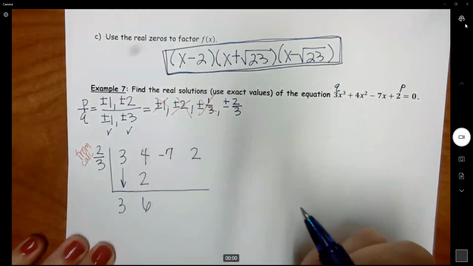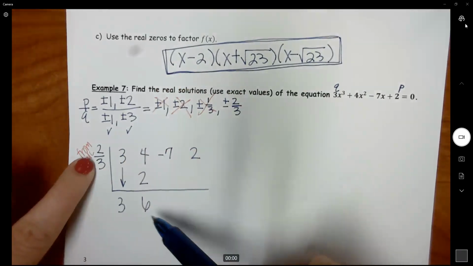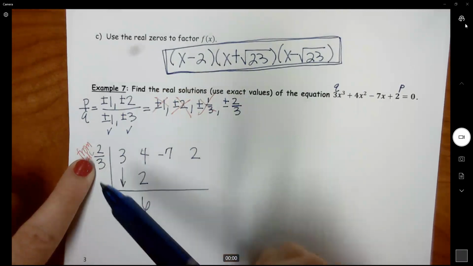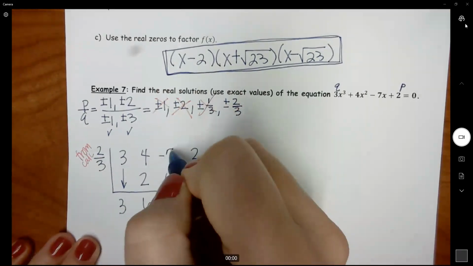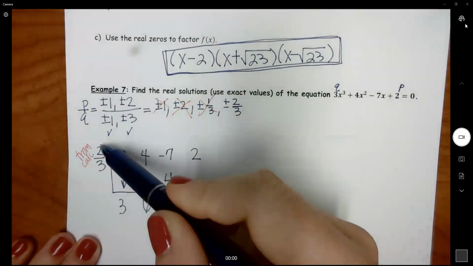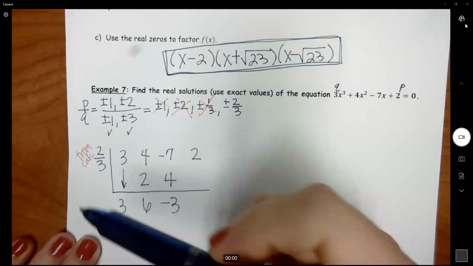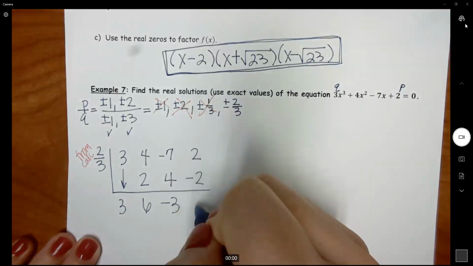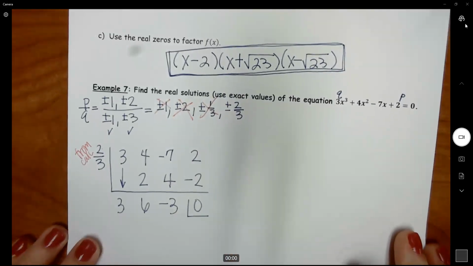We add and get 6. Multiply, 2 times 6 is 12, divided by 3 is 4. Add, and we get -3. -3 times 2 is -6, divided by 3 is -2, which gives me 0.